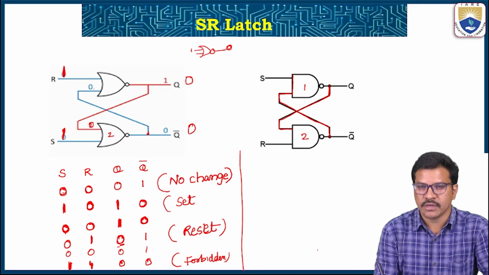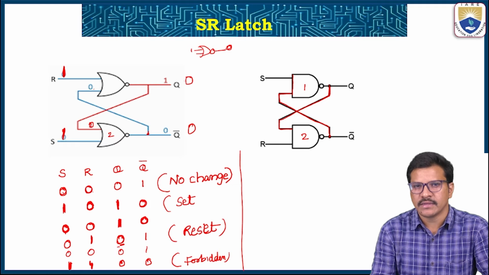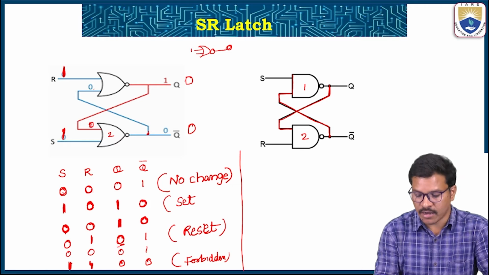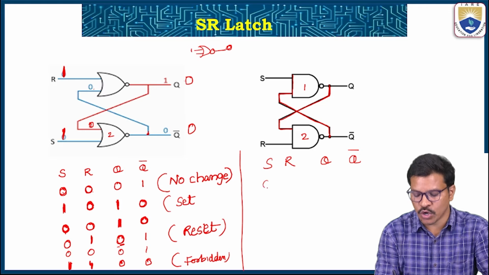Similarly, if you see here in the NAND latch, the same thing, but a small change. The output changes by changing S and R. Now I am directly writing what happens when S is equal to 0 and R is 0.